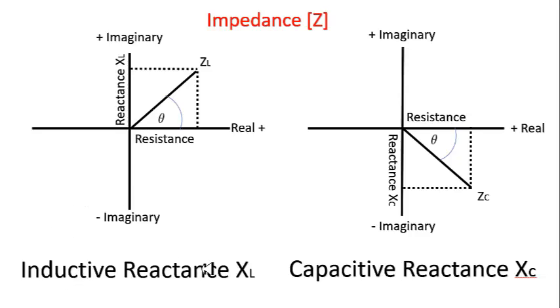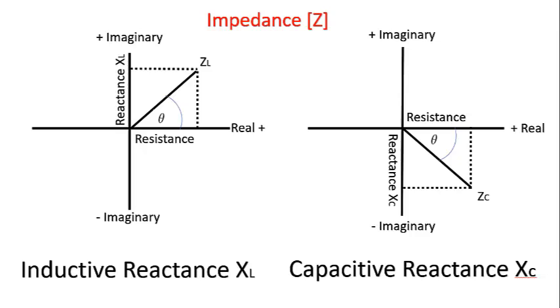And as we saw, the inductive reactance is in the positive real, positive imaginary quadrant of the complex plane. And the capacitive reactance is in the positive real, negative imaginary quadrant of the complex plane.